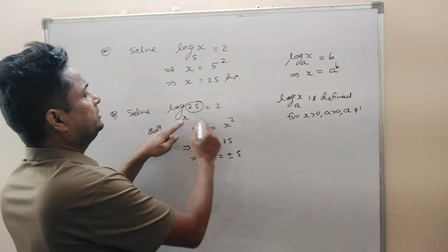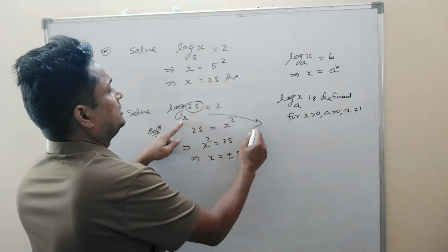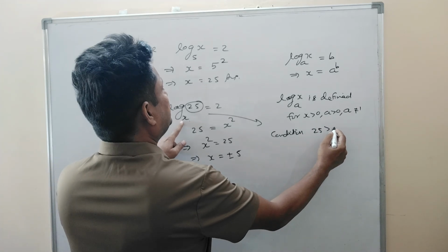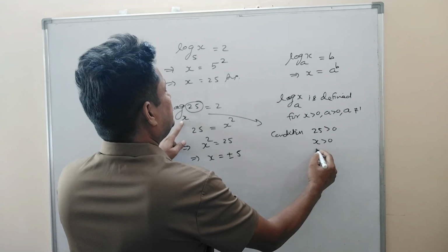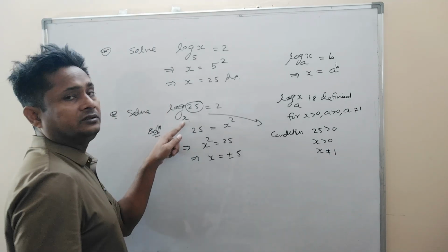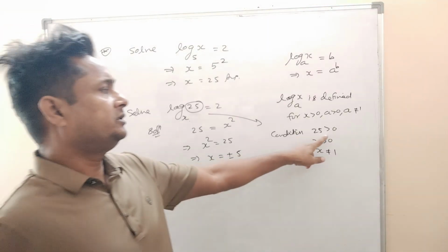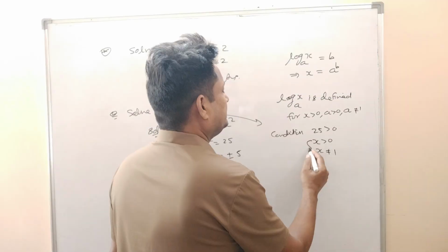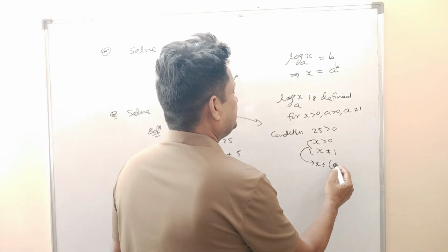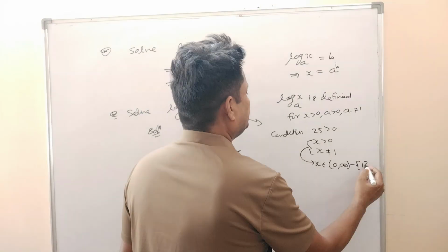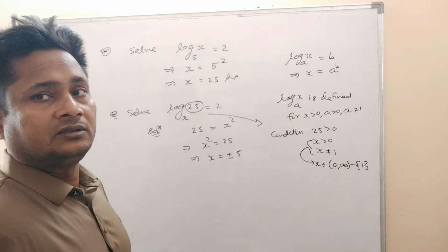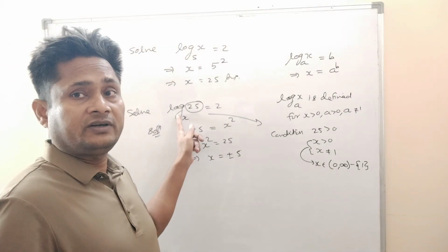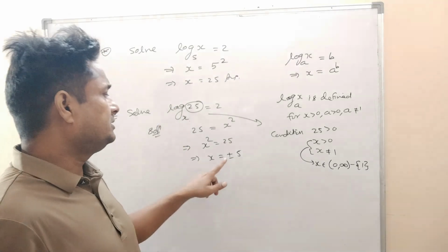That means the condition will be 25 greater than 0, x greater than 0, and x not equal to 1. This is already true. So our interval is x belongs to 0 to infinity minus 1. So this is the value of x where this log is defined.